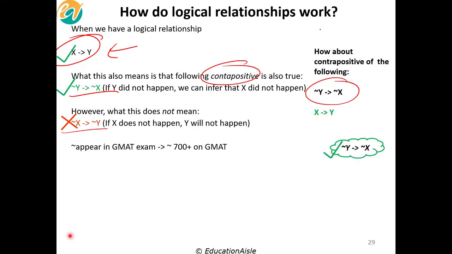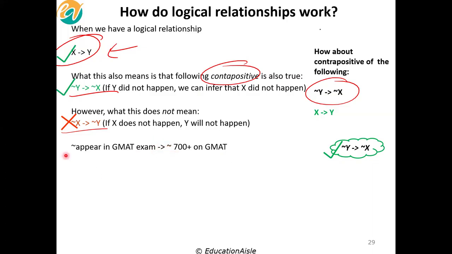Let's take an example, in fact, that we discussed on the last slide. How do you read this? Can someone read it for me? Very nice. If a person does not appear in GMAT, then definitely, remember, this is a mark of 100% guarantee, then it's 100% sure that the person cannot score 700 plus on GMAT.